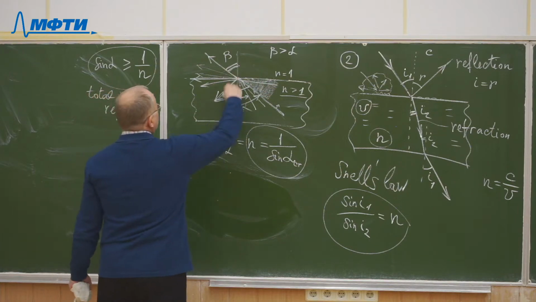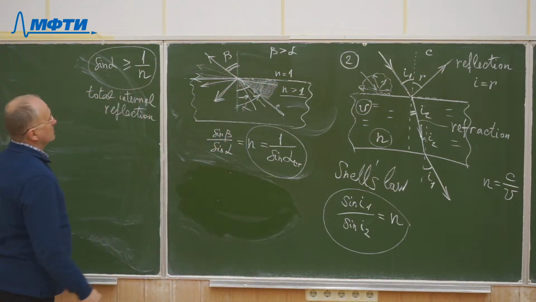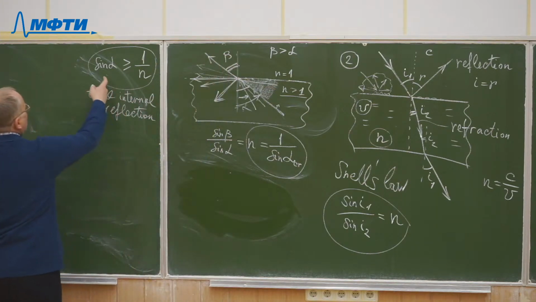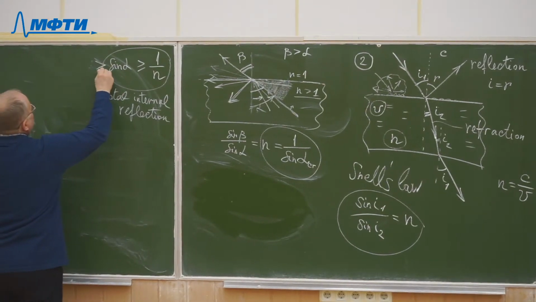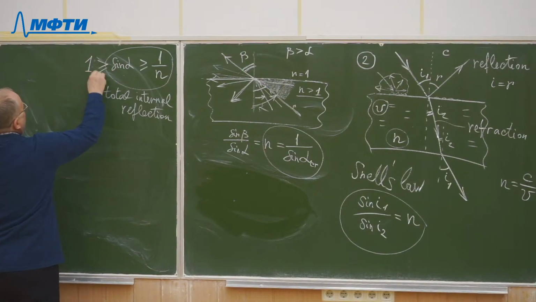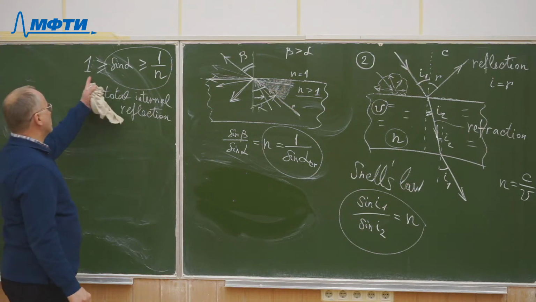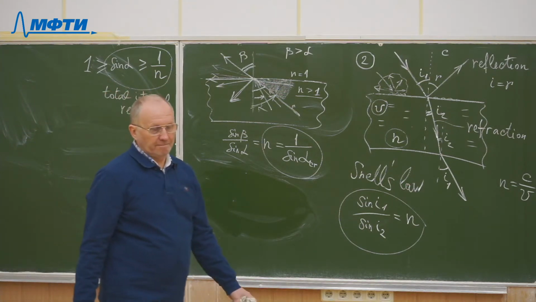But all the energy will be reflected into the glass, and no light energy will go into the air, if the condition is this one. And certainly, sine alpha must be smaller or equal to unity. It can never be larger than unity.